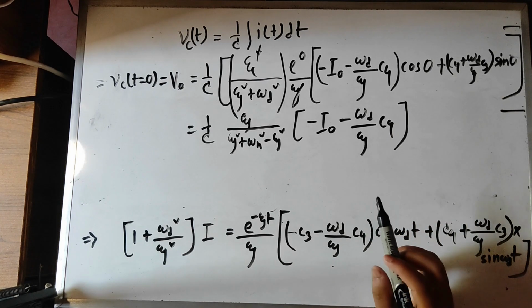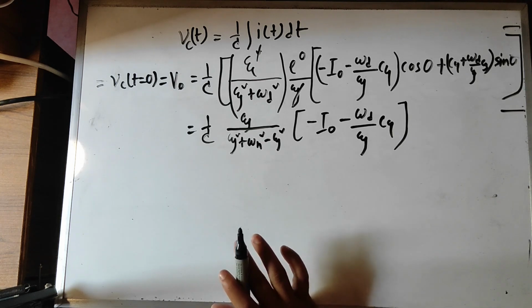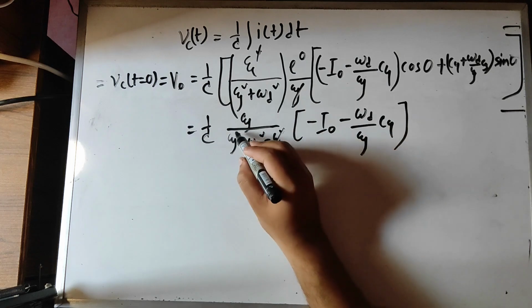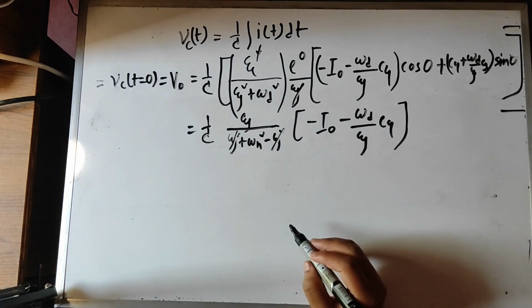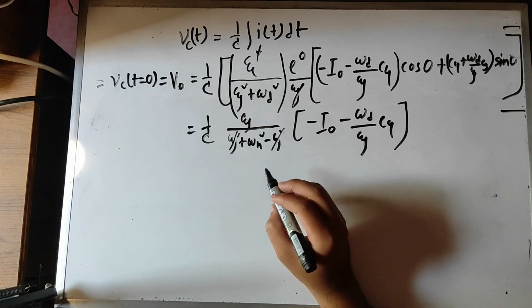So this is what we are left with, and we can cut out this zeta squared, leaving omega_n squared.